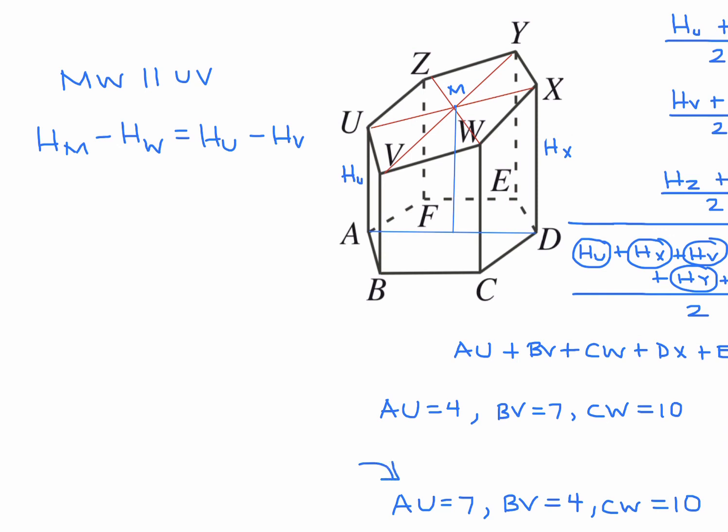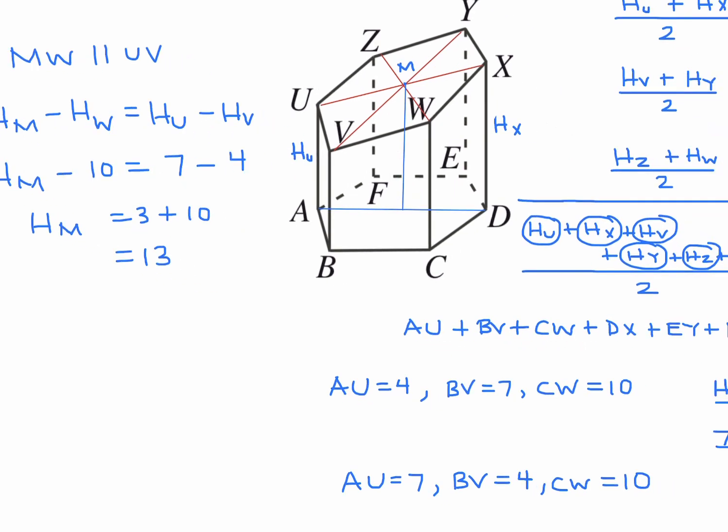Using these values that I've just selected, I can figure out what HM is. HM minus HW, which is the same as CW, which is 10, equals HU, which is 7, minus HV, which is the same as BV, which is 4. So this gives me HM is equal to 3 plus 10, which is 13.